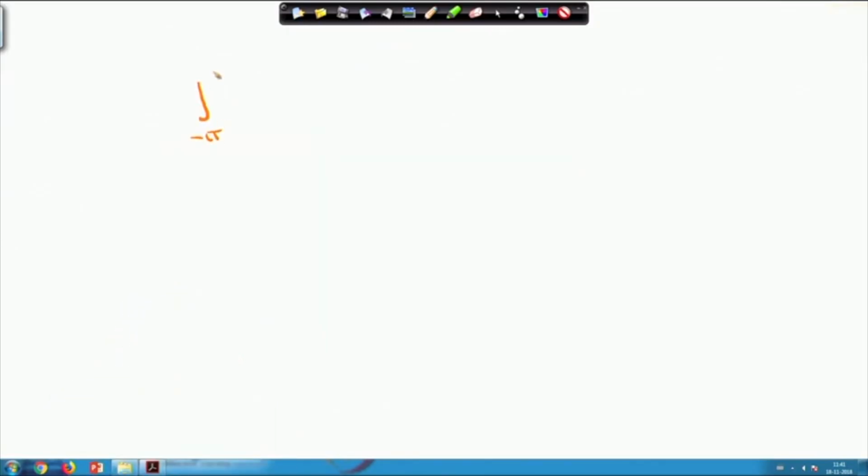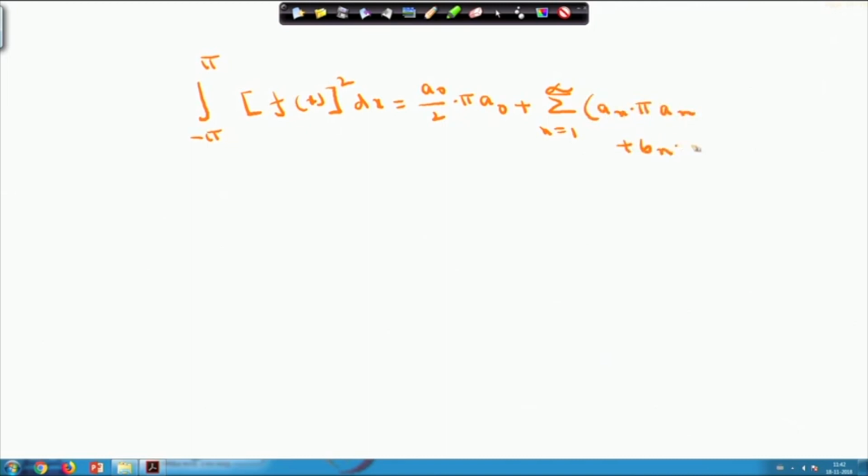My left hand side is the integral from minus pi to pi of f x whole square into dx. This is equal to a 0 by 2 into pi a naught plus summation n equals 1 to infinity of a n into pi a n plus b n into pi b n.